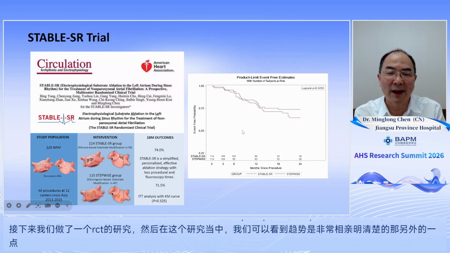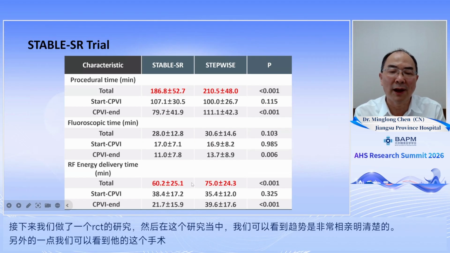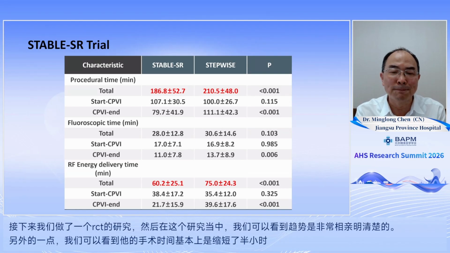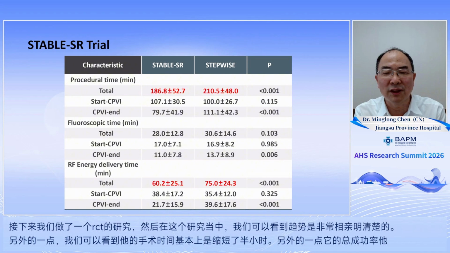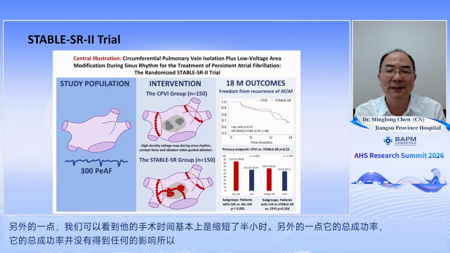But you can see that the procedure time is shortened by almost half an hour, and RF delivery time is shortened by 15 minutes, but the final success rate is not sacrificed. So this may be a problem of the sample size calculation.